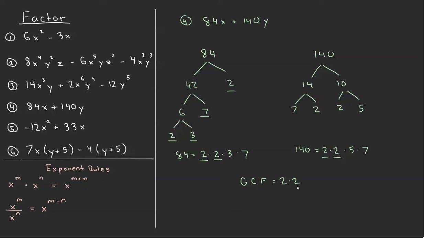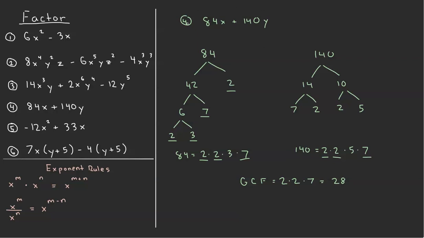So we'll have another 2 in the GCF. 84 has a factor of 3, but 140 doesn't. So 3 will not appear in the GCF. But 84 has a 7, so does 140. So a factor of 7 will appear in the GCF. And 2 times 2 times 7 will give us 28. Right? 4 times 7 gives us 28. So 28 is going to be the greatest common factor between 84 and 140.